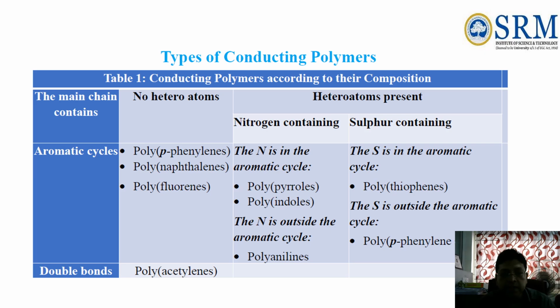The examples are polyparaphenylene, polynaphthalene, polyfluorene, etc. And without an aromatic cycle, if only double bonds are present, then polyacetylene.